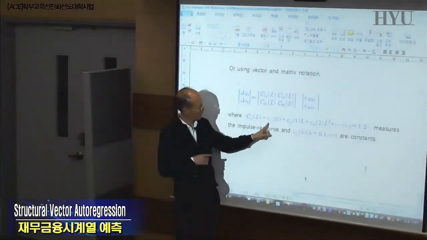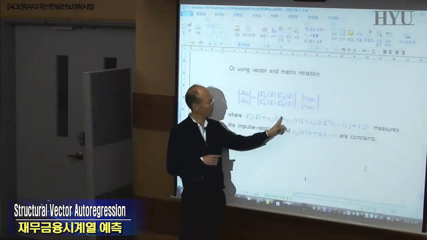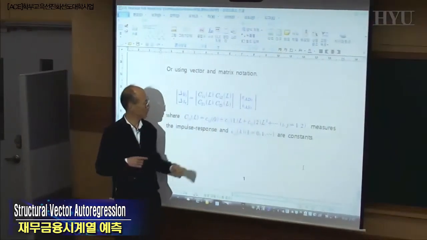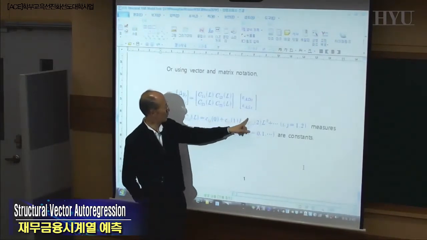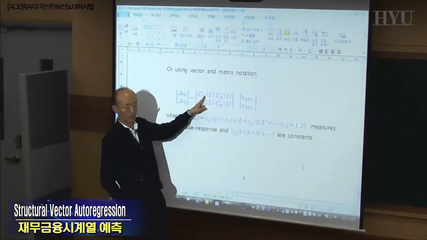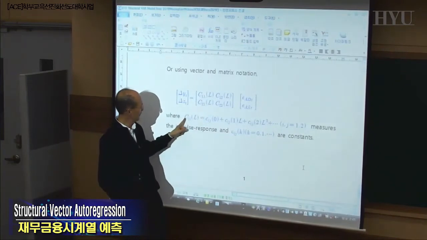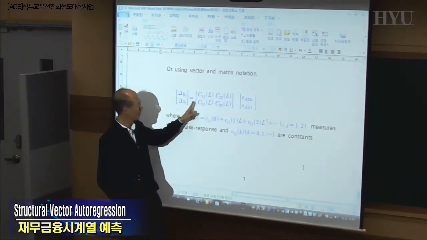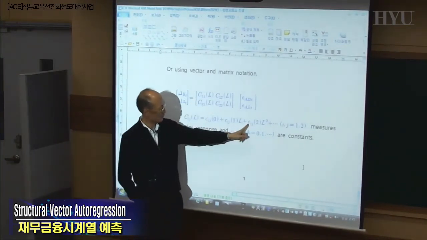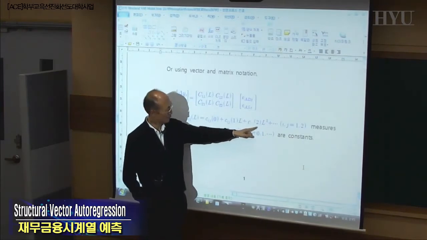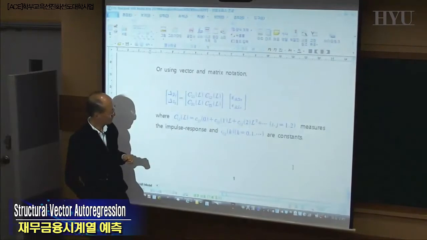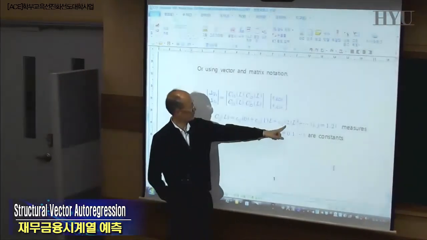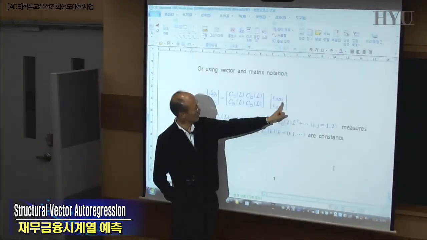What are those? Well, actually, if you take a look at this one in particular, let's say this is C1,1, and what is this coefficient implying? Well, it's related to the second lag, right?